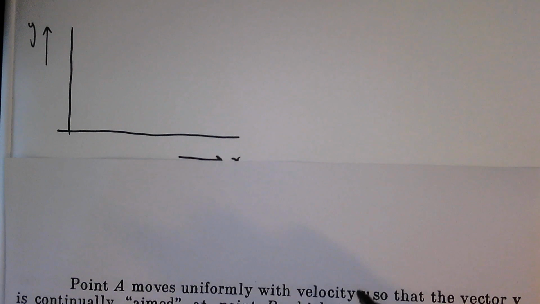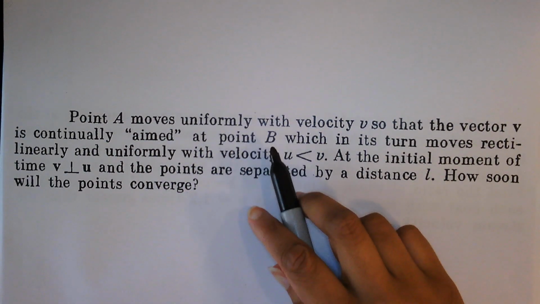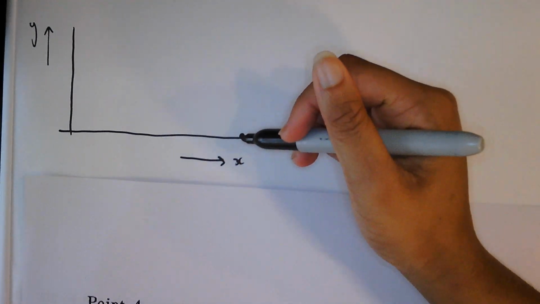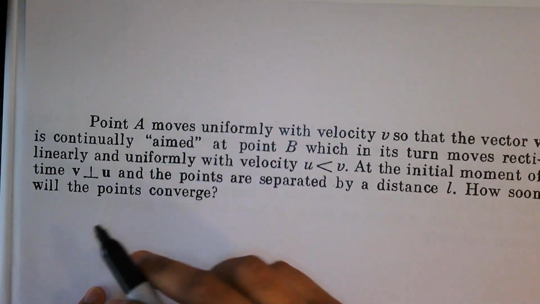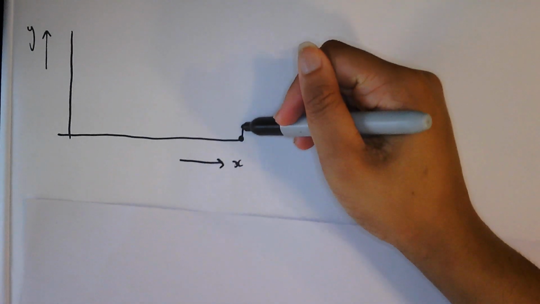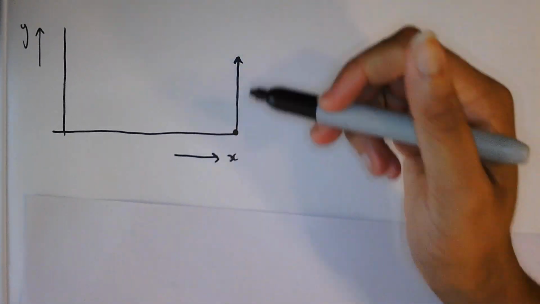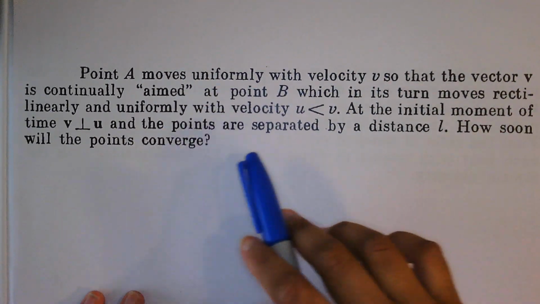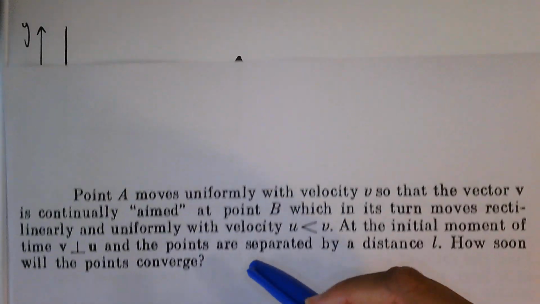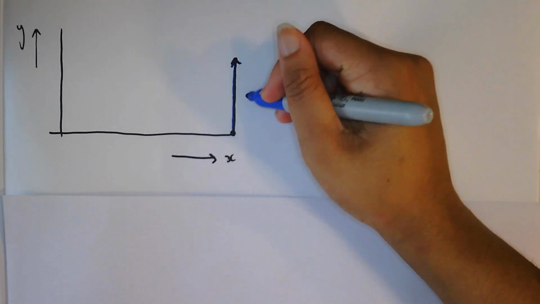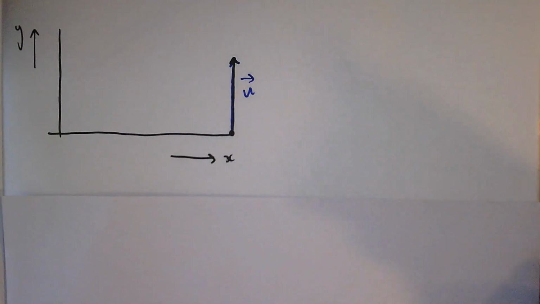And I'm going to say that point B is over here and it's going to be moving rectilinearly, so in a straight line, along the Y direction. So I'm going to draw it like that. And point B is travelling with a velocity of u. So this is vector u.